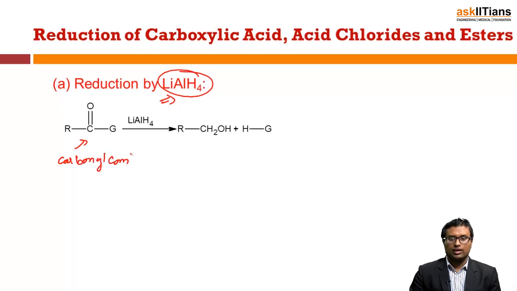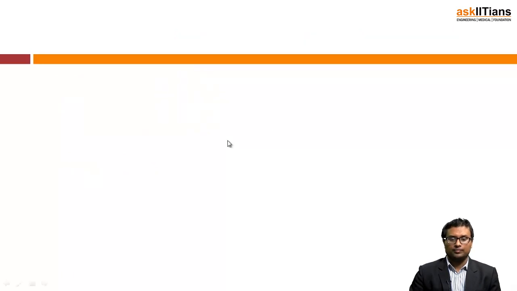A carbonyl compound can be anything. It can be an acid chloride, a carboxylic acid, or an ester. But the logic is, if you reduce with lithium aluminum hydride, you can convert that carbonyl compound into an alcohol.